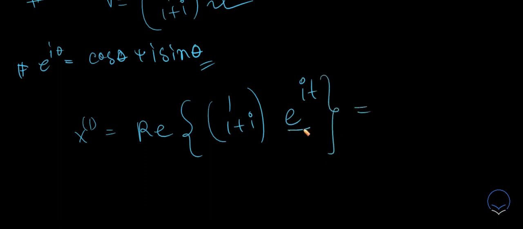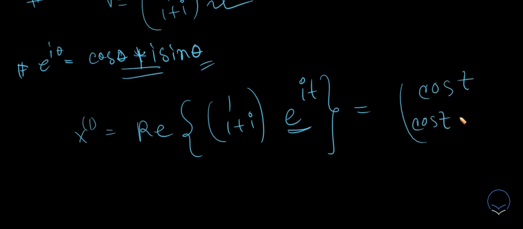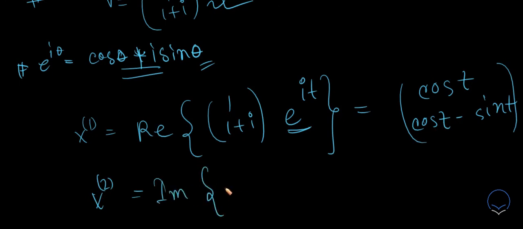And if you expand this using this Euler equation, this will just become cosine t and cosine t minus sine t. Okay, and the other part, let's call it x2. This will be the imaginary part of 1 plus i times e to the power it, like this.